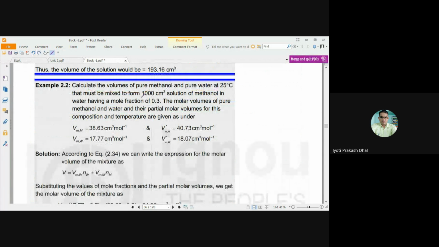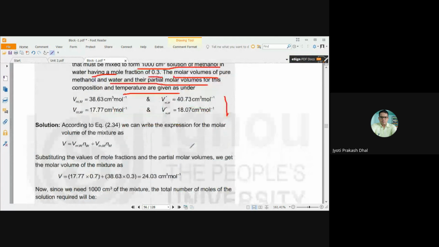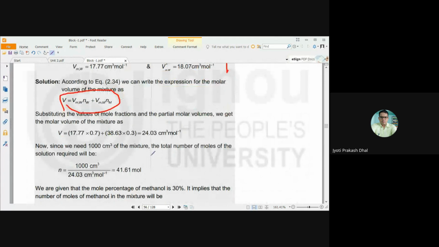Now the second question: calculate the volume of pure methanol and pure water at 25 degrees Celsius that must be mixed to form 1000 ml of a solution of methanol in water having a mole fraction of 0.3. This means the mole fraction of methanol is 0.3. The molar volumes of pure methanol and water and their partial molar volumes at the composition are given here. So here we know that V equals this, and putting in the values we find V equals 24.03 ml per mole.